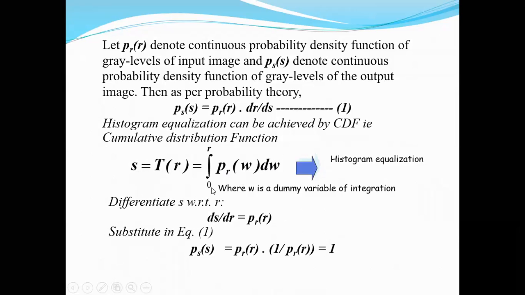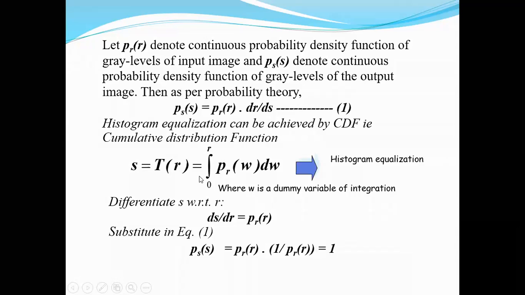This integration from 0 to a particular gray value R is the integration of all probability values till gray value R. So this is your histogram equalization function. Now let us see whether this transformation really gives you equalization or not.